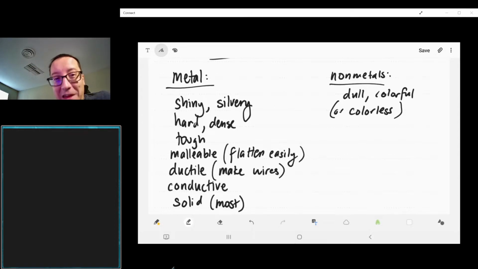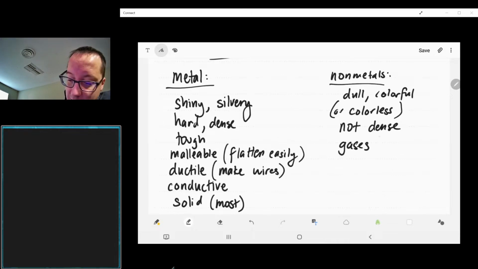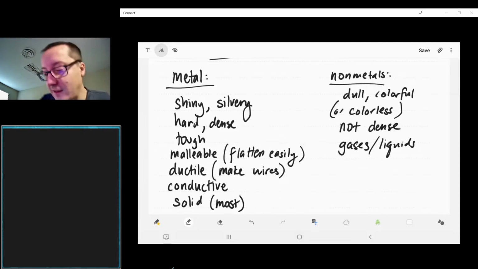They're everything else, basically. These are typically going to be not dense, so a lot of them will be gases or liquids. There are some solids, like carbon, for example, definitely a non-metal. That is going to be a black solid.